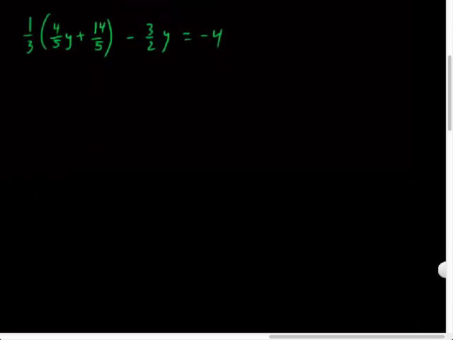So let's distribute this 1/3. I'm just going to multiply the numerators by 1, the denominators by 3. So this will be 4/15 y plus 14/15 minus 3/2 y equals -4.